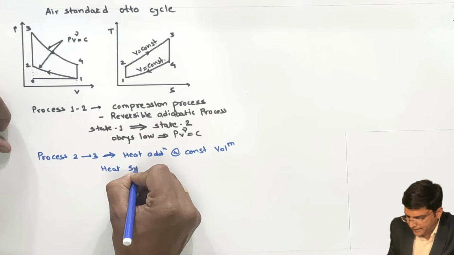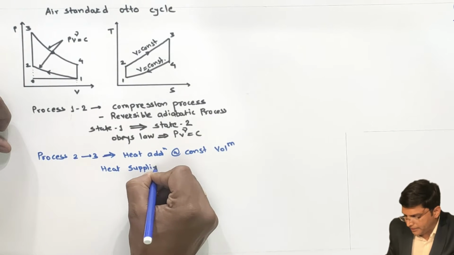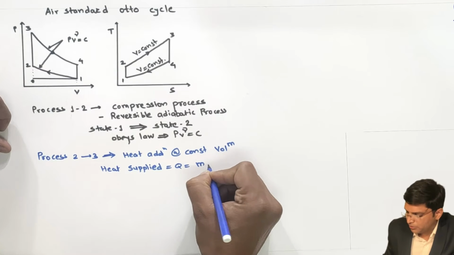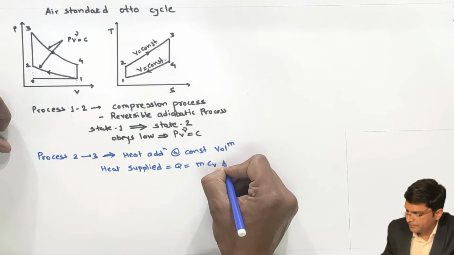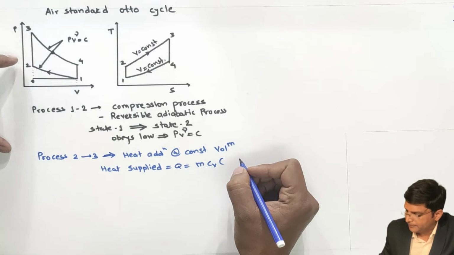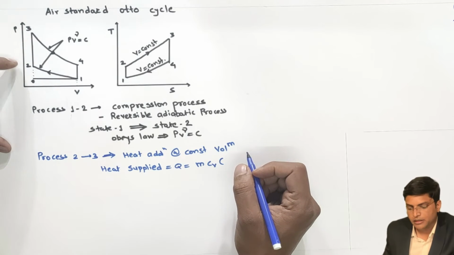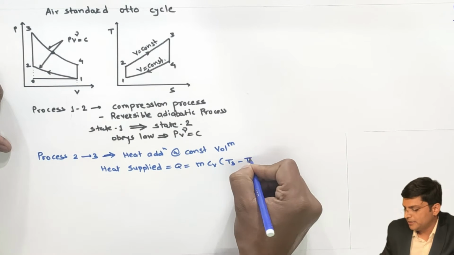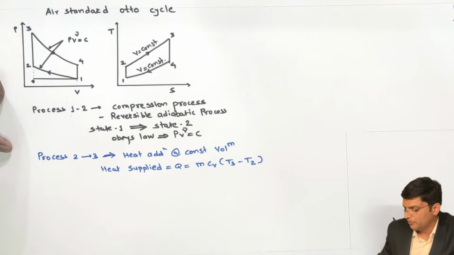Now heat supplied can be calculated by the formula Q is equal to m Cv delta T. Delta T means the temperature change from 2 to 3. That means T3 minus T2.